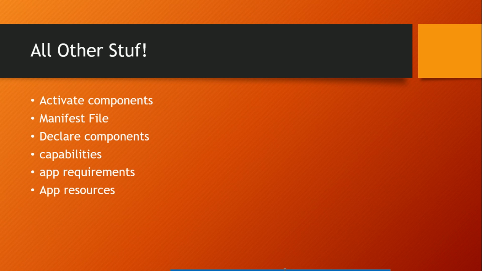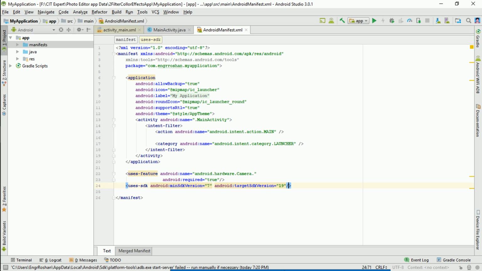If your app requires a camera and an API introduced in 2.1, which is API level 7, you must declare these as requirements in your manifest file, as shown here. This application is going to use the camera feature, and required means it is a must.